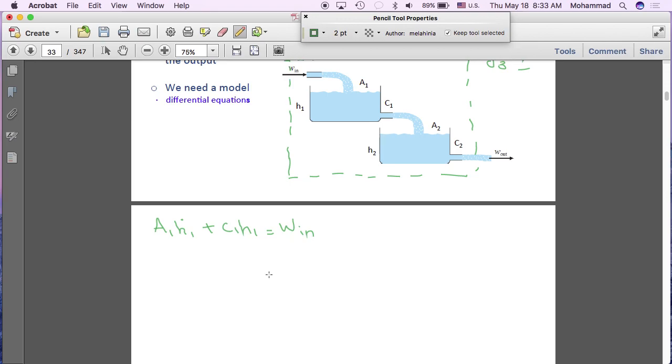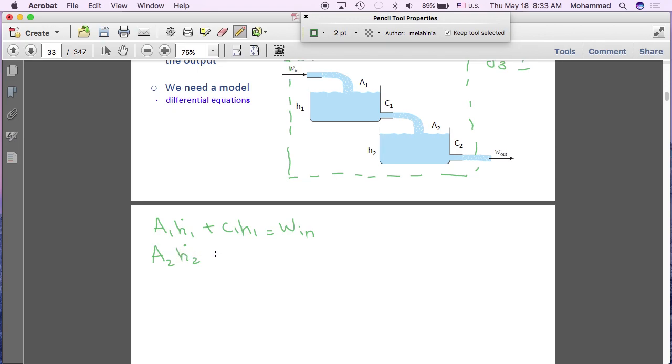Now let's go to the second tank. What can we write there? Just following this example that we have at the top. Could we just do the same thing except switch everything to the second tank variable? Like A2 H2 dot. That is the change of volume in the second tank, equal to flow coming in minus flow going out.